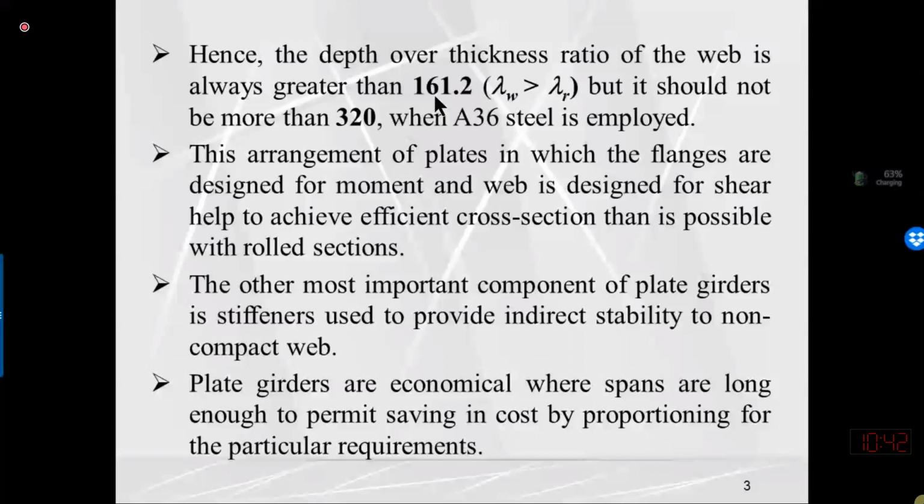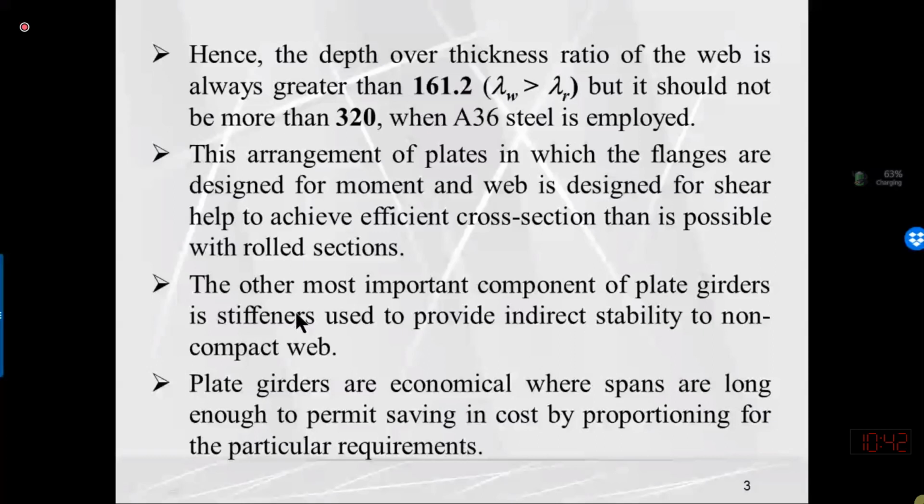And an elastic or slender section is one which buckles, or becomes unstable, at a stress value much less than yield stress. It means that if the web is slender, it will not fail due to yielding. It will buckle at a stress value maybe much lesser than the yield stress. It means that we are unable to achieve full capacity. Then how can we enhance the capacity of the web? We can increase the shear capacity of the web by providing a stiffening plate or stiffener.